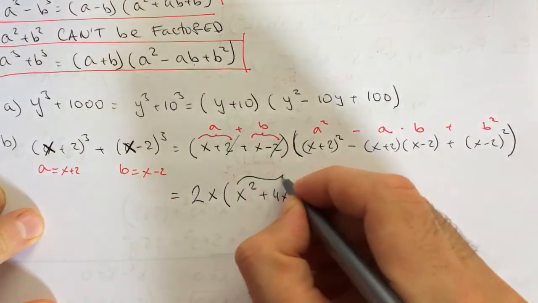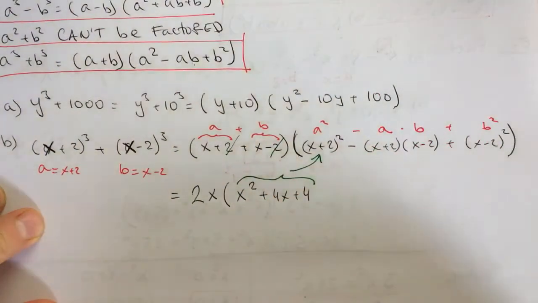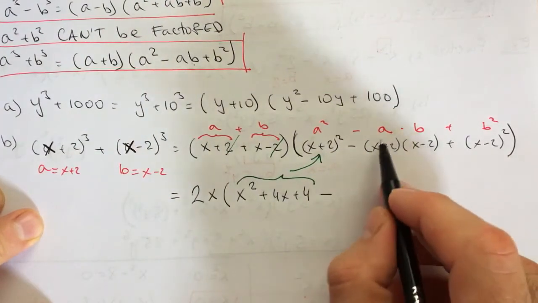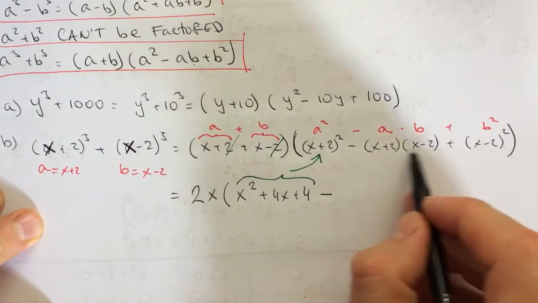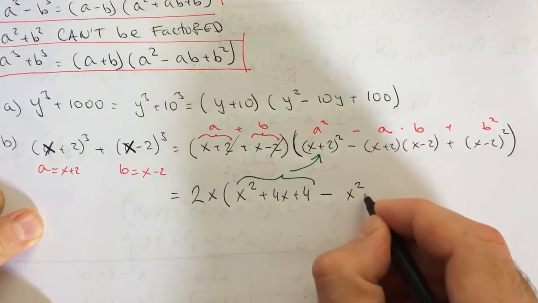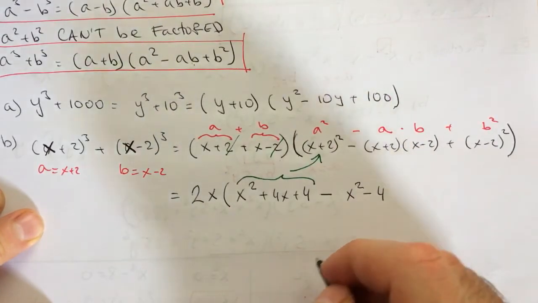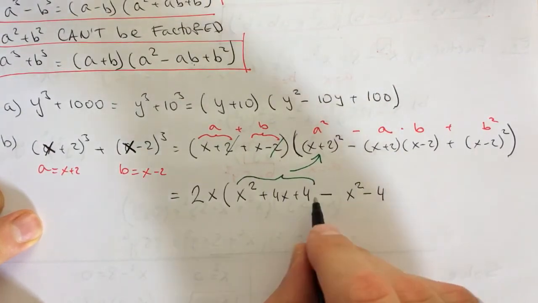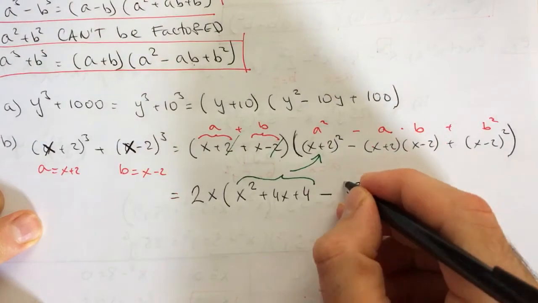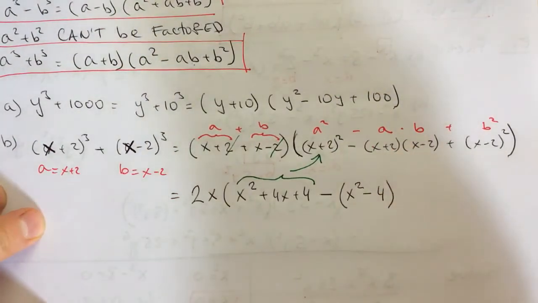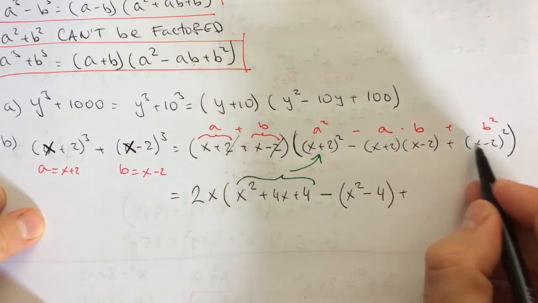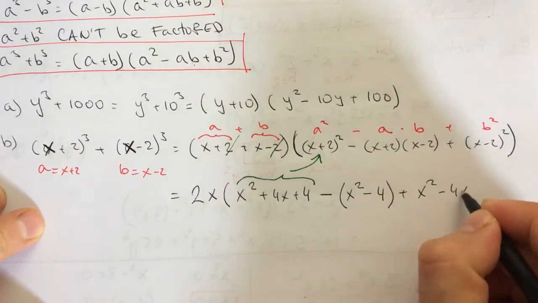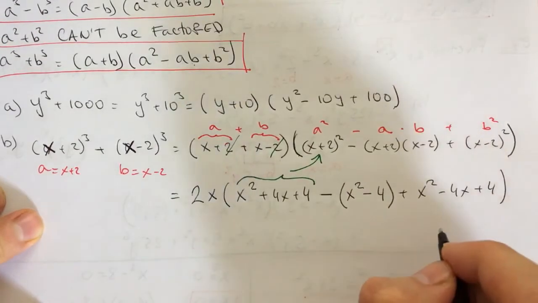This expression is x plus 2 times x minus 2; I'm not going to FOIL this because I know that this is a difference of squares, so this is x squared minus 4. Again, be very careful. If you leave it like this, your solution is going to be wrong because of the negative sign in front. So don't be lazy and always use parentheses. Plus x minus 2 squared is x squared minus 4x plus 4.